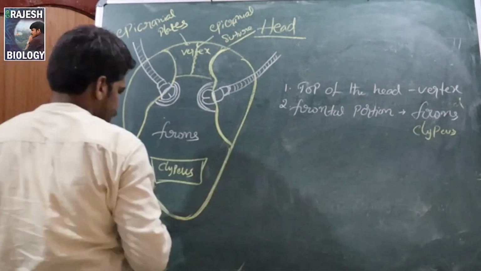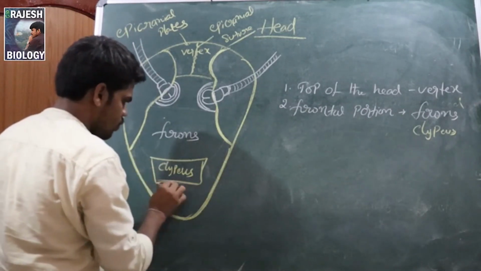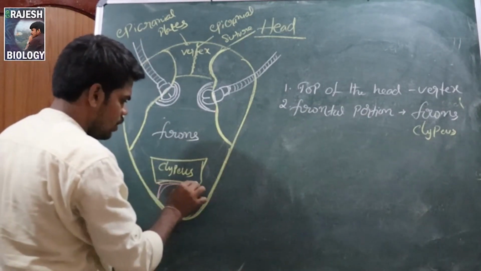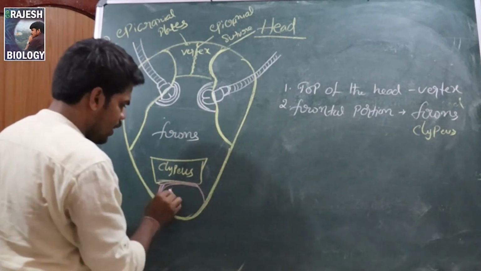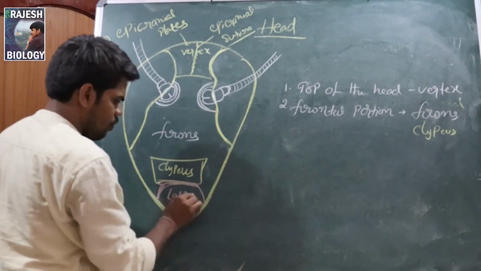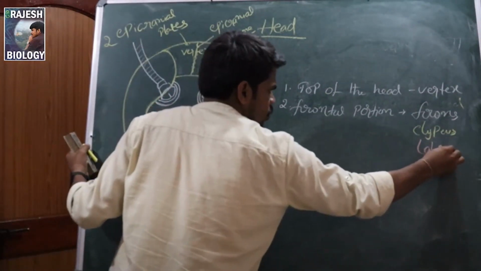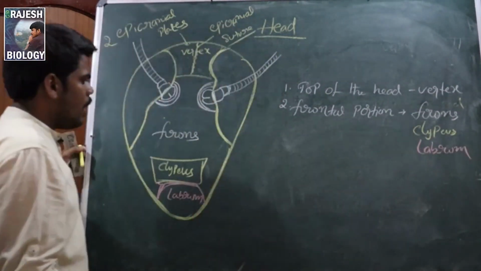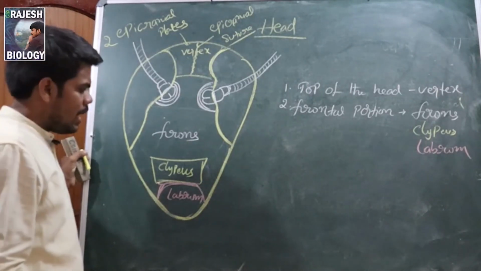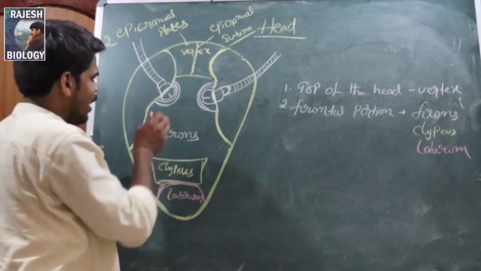And then next, this is what? The upper lip called labrum. So clypeus and labrum. Clypeus, labrum, frons, vertex.